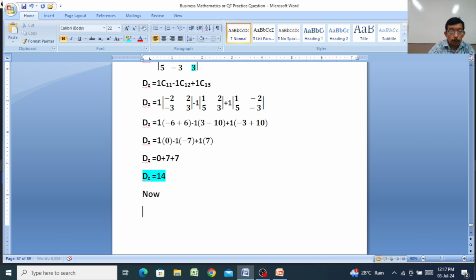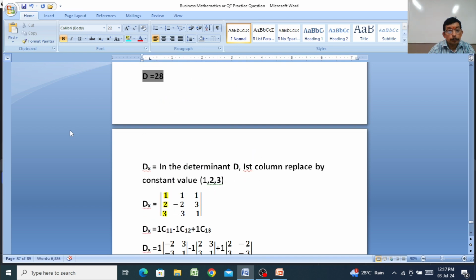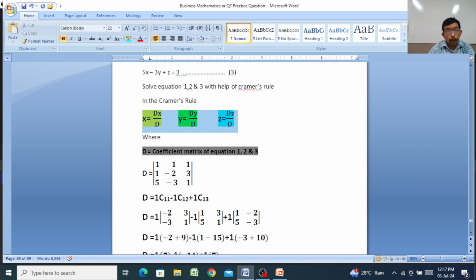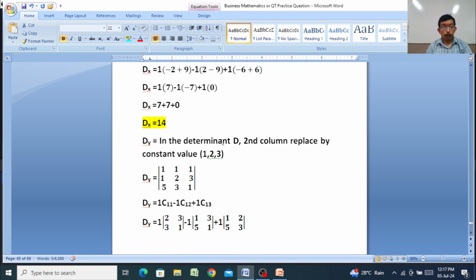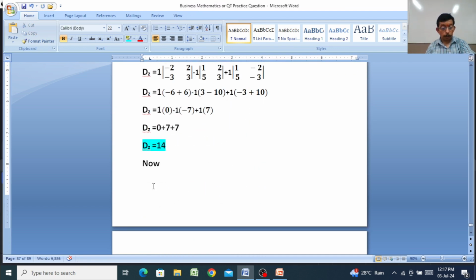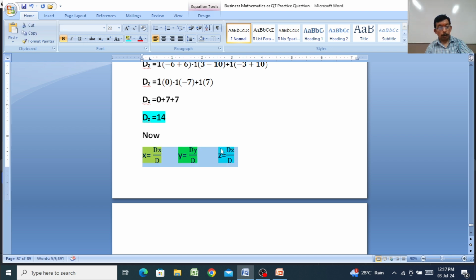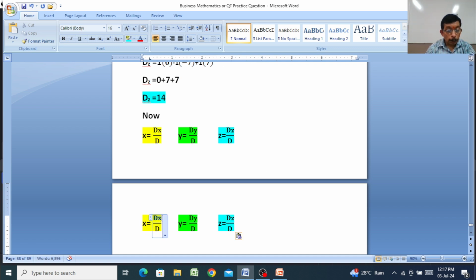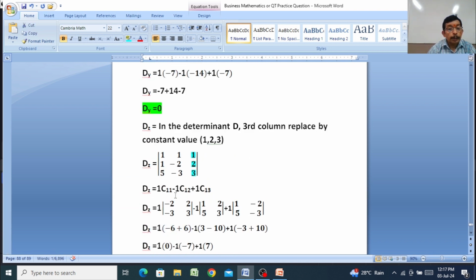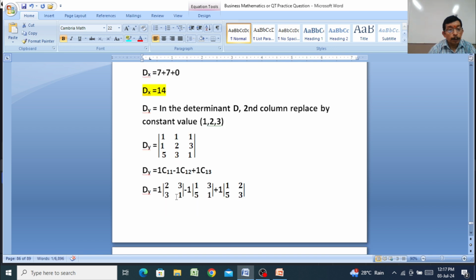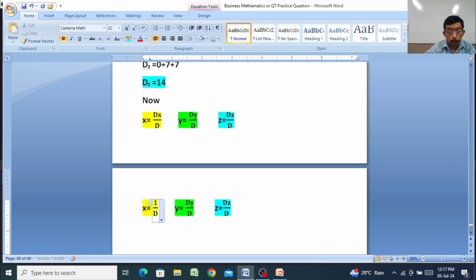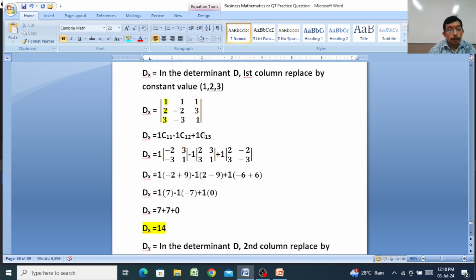Now x is equal to dx over d. The value of dx is 14, and the value of d is 28.